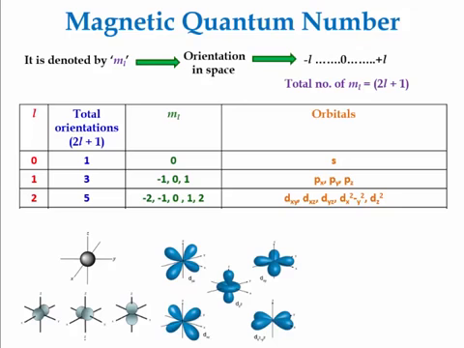So there are total 3 orbitals which are in between the axis, and there are 2 orbitals which are along the axis. For example, dx²-y² means the lobes of the d orbital are along x and y axis. In the case of dz², both the lobes are along z axis. So there are total 5 d orbitals.